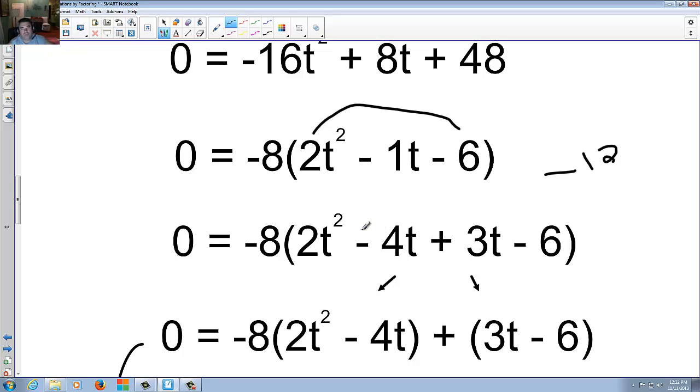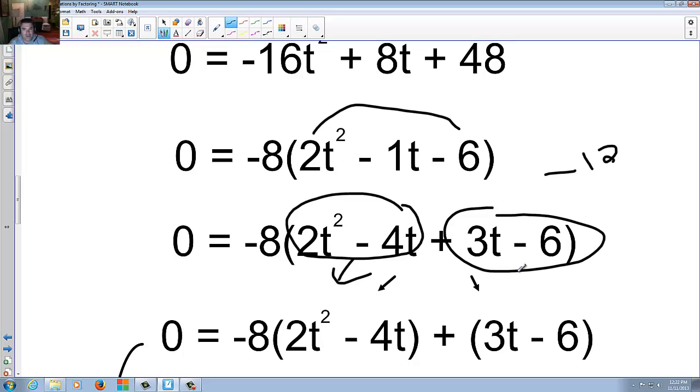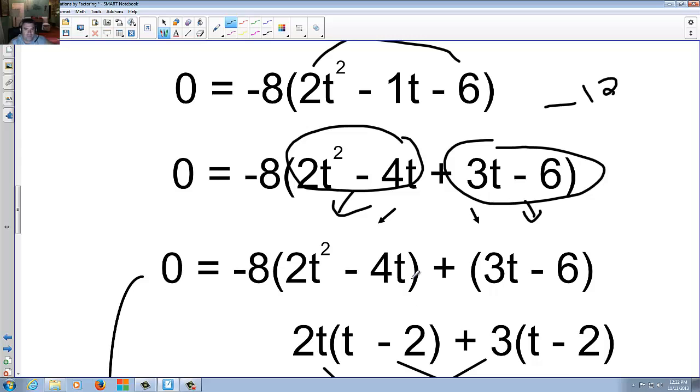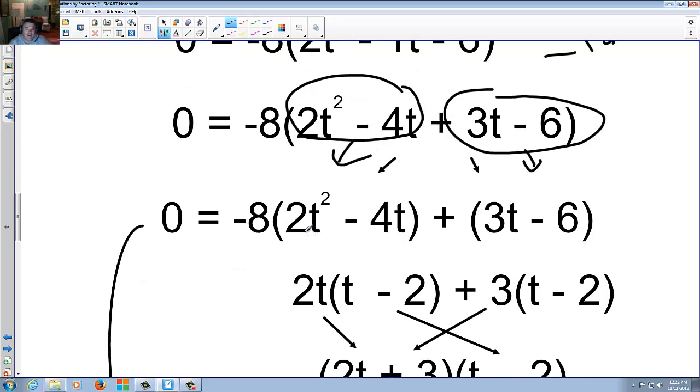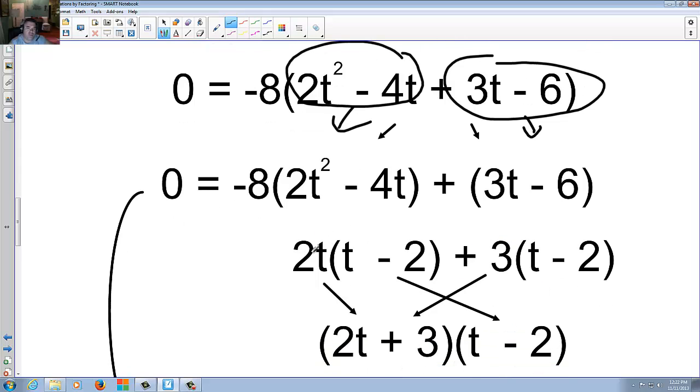So from there, I'm going to take these two and set them right here. Notice that there's simply a plus separating them, and I still have the plus there. Now, what can I pull out of these guys? I can pull out a 2t, and I can pull out a 3 here, and notice that I have t minus 2 and t minus 2, so 2t plus 3 are all being times by t minus 2, right here.